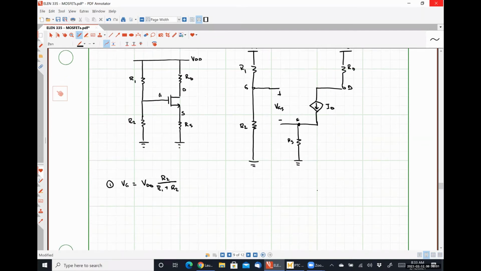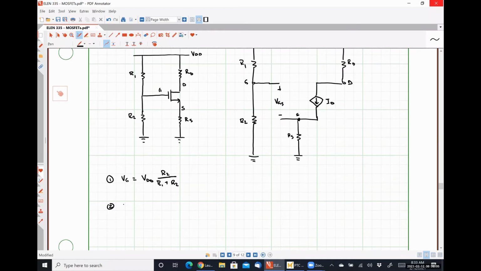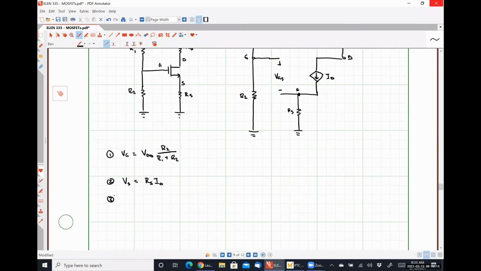So from this, I can see that VS is simply RS times ID, and I can see that VD is equal to VDD minus ID RD. So to get either of those voltages, we're going to have to know what the drain current is, all right?